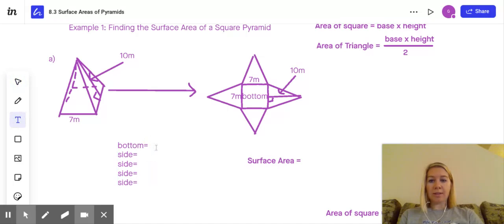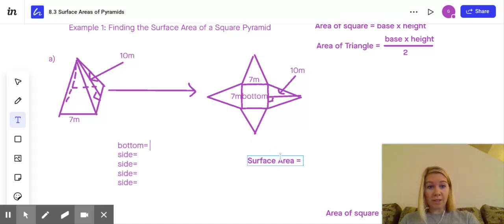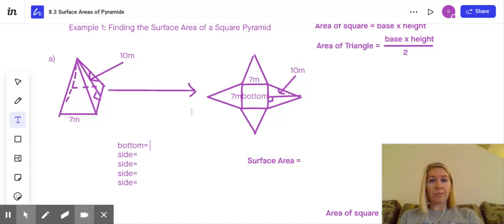So let's go ahead and first we need to find the individual areas of each of these shapes, and then to find the surface area, we're going to add all of those areas together. That'll give us a surface area. Okay, so the bottom is a square, so we just do base times height, so 7 times 7, and I know that is 49. Okay, and then each side is the same, and they're triangles, so we do base times height divided by 2.